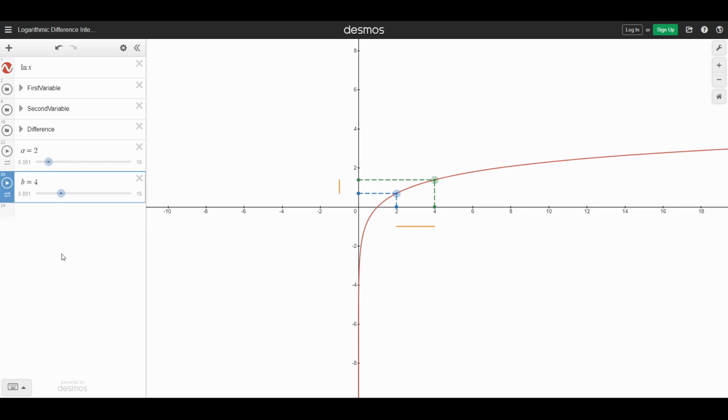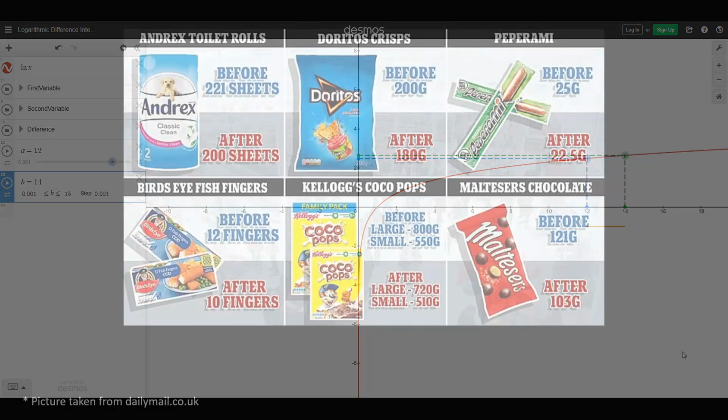At 2 and 4, the difference is pretty noticeable. The same at 12 and 14 is negligible. This is Weber's law. By the way, I have linked this Desmos graph in the description so that you can go and play with it too.